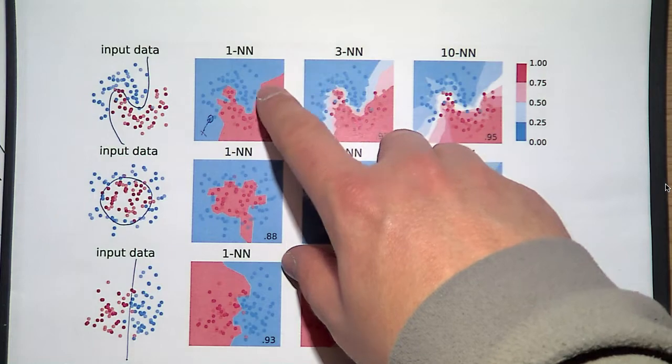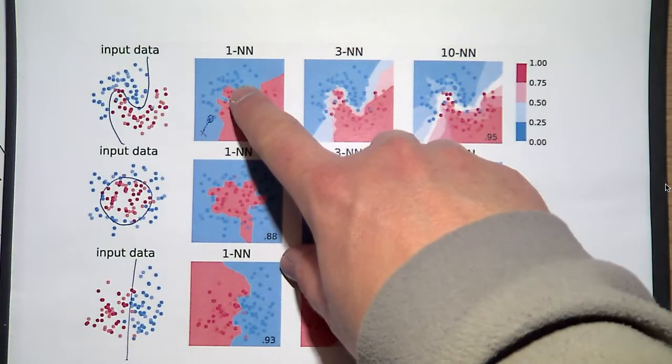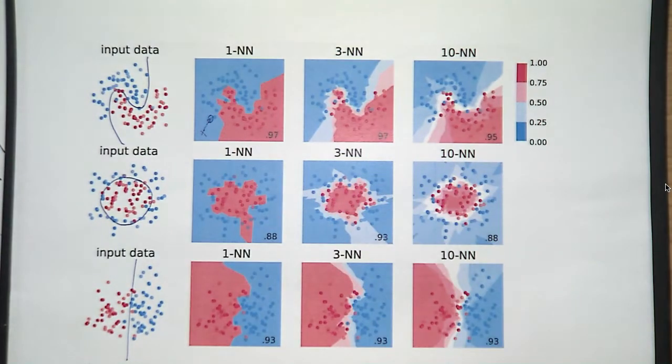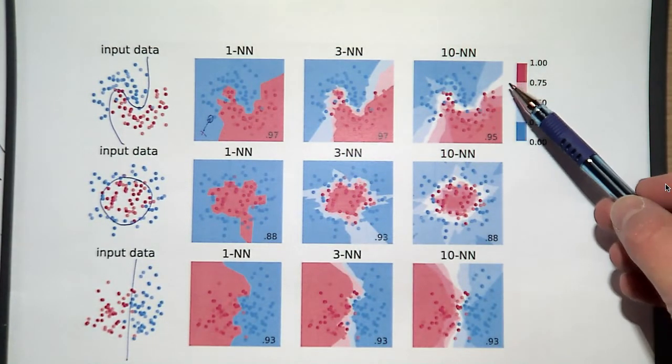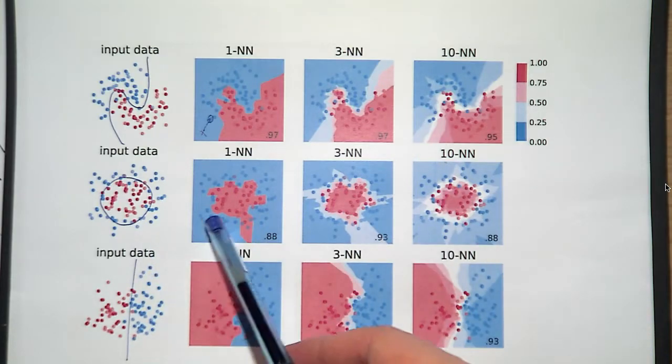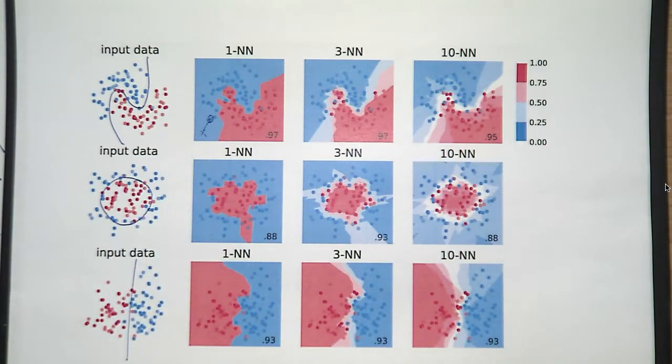So here the boundary is quite abrupt. It's not a nice smooth line. It's really just following whatever the closest point is. Whereas when you have 10 nearest neighbors, you have a smoother boundary. Okay, so the same applies for the other problems.